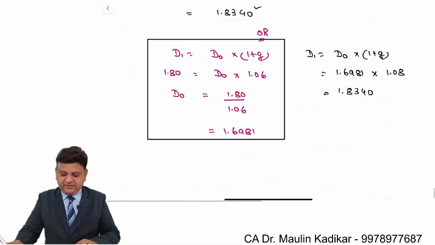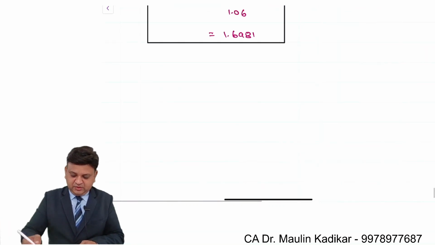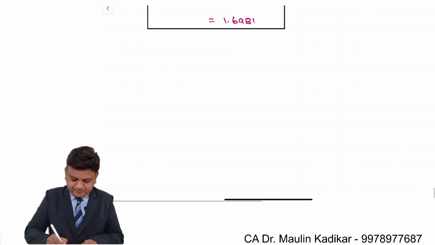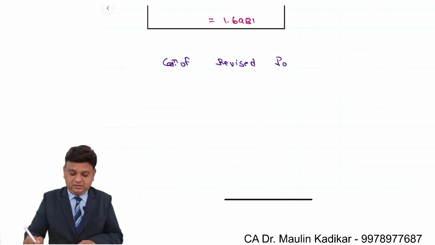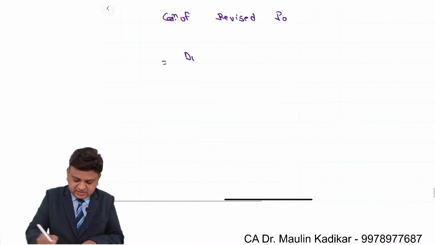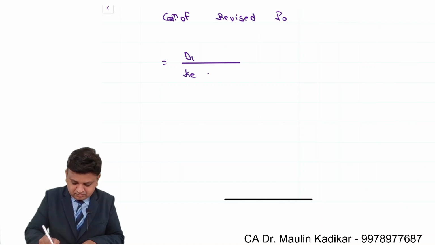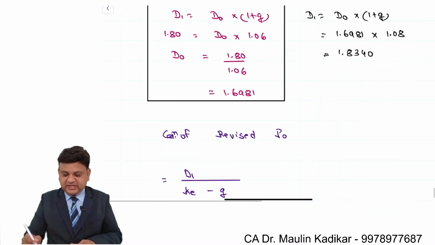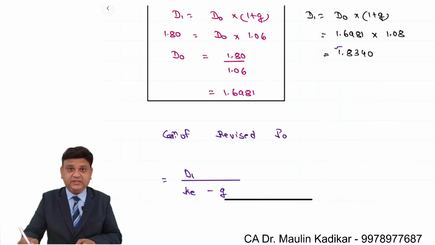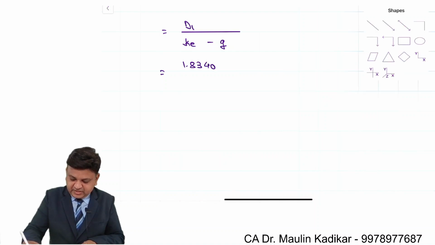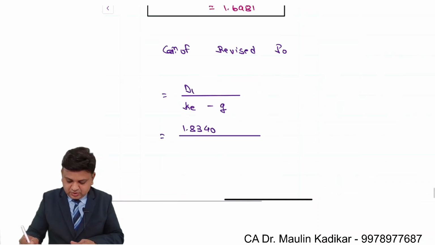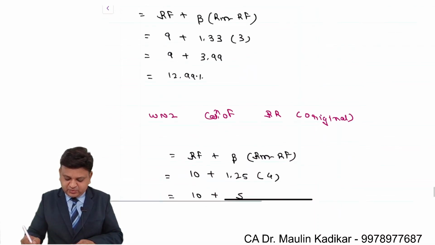Okay. Now after making this calculation, we can compute P0. Calculation of revised P0. Revised P0 can be calculated as D1 upon Ke minus g. We understand that the revised D1 is 1.8340, divided by cost of equity. You can see that the revised cost of equity has been found by us.